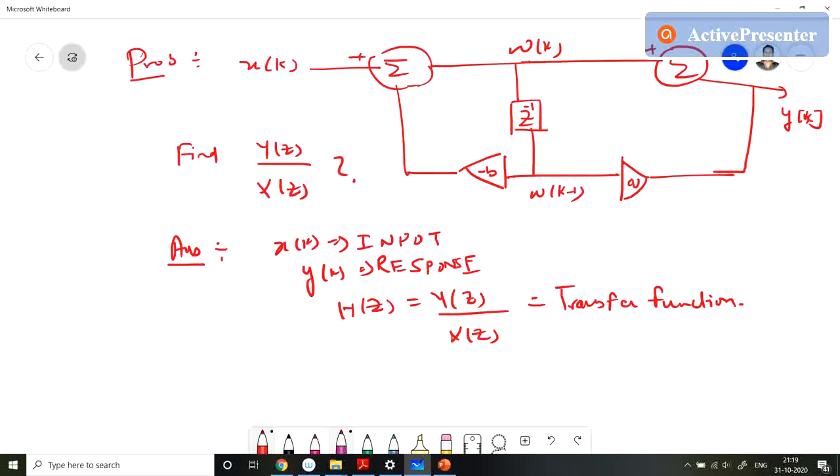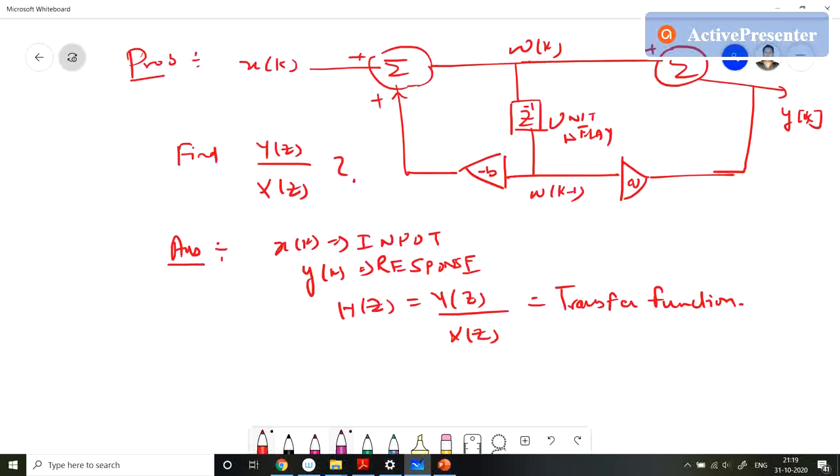Now we have multipliers, and this is a unit delay. This is w(k), so let us solve this.